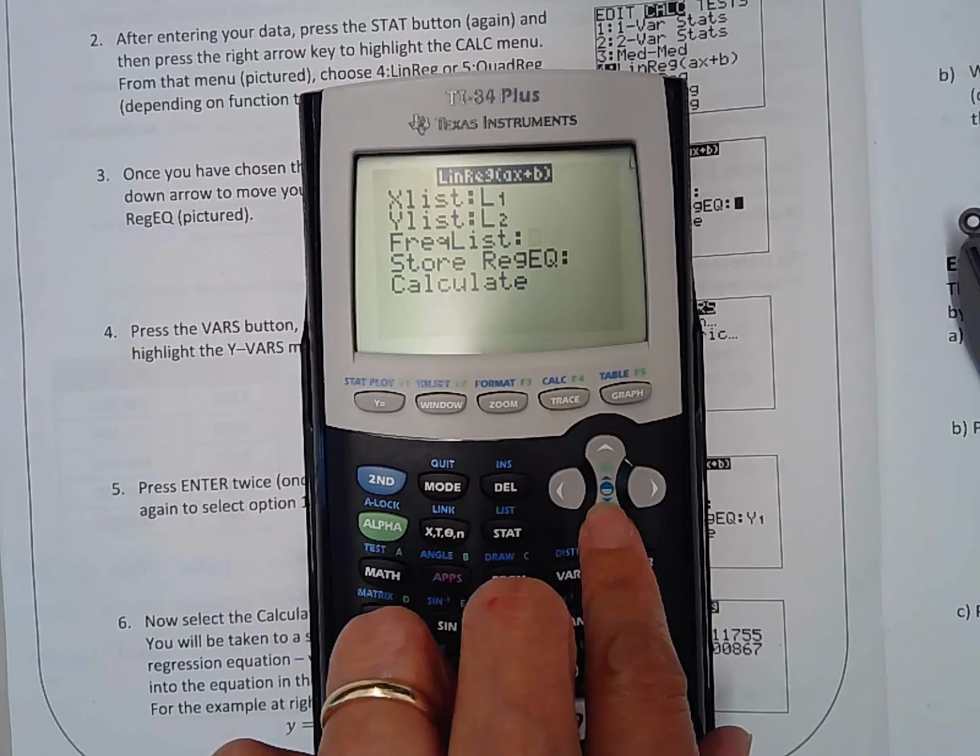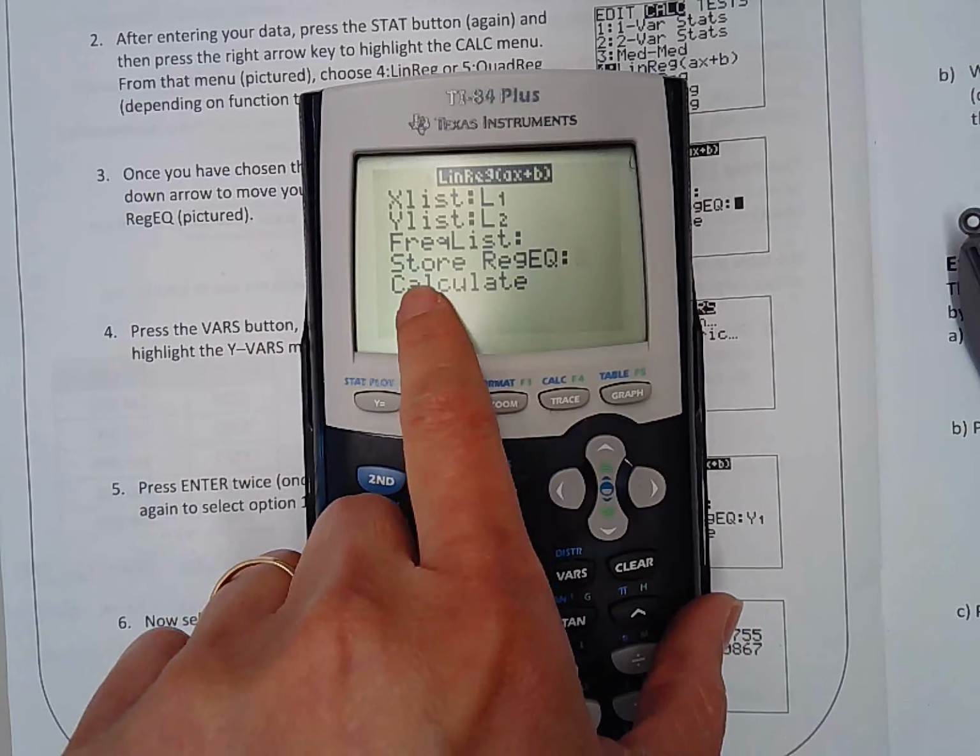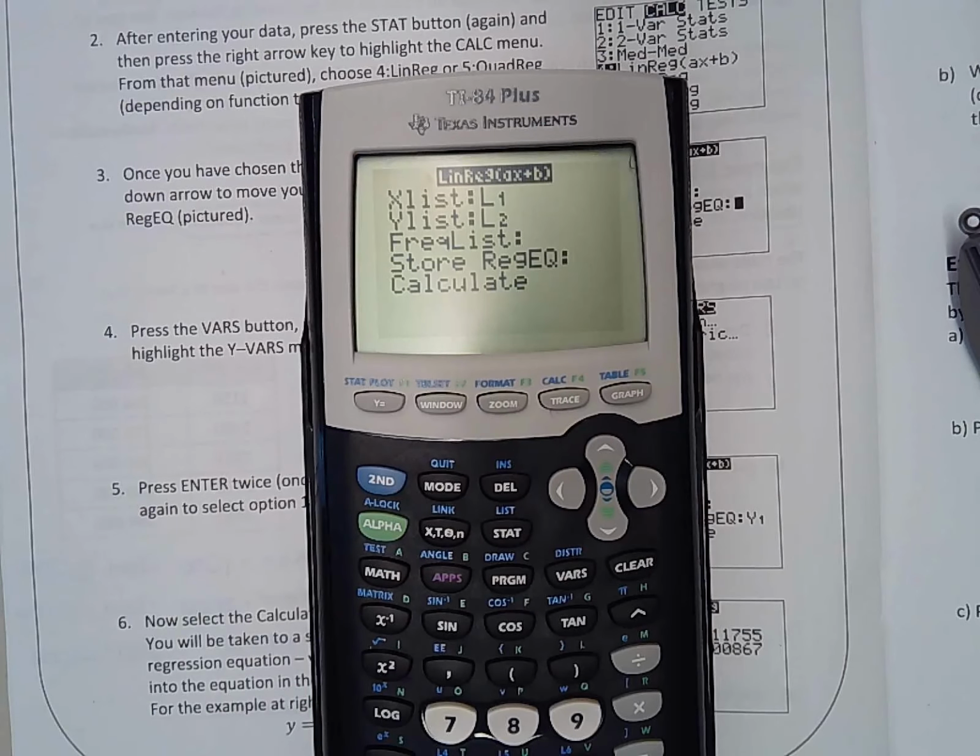And then here's another thing that we need to fill in. The calculator is asking you, where would you like the regression equation? It's really asking you a question. Your calculator is talking to you. This is what it sounds like: I want to figure out the regression equation, but where would you like me to store it?